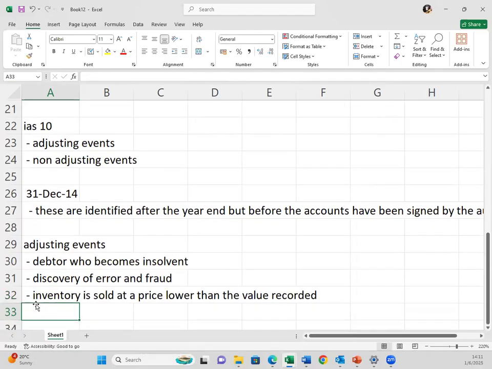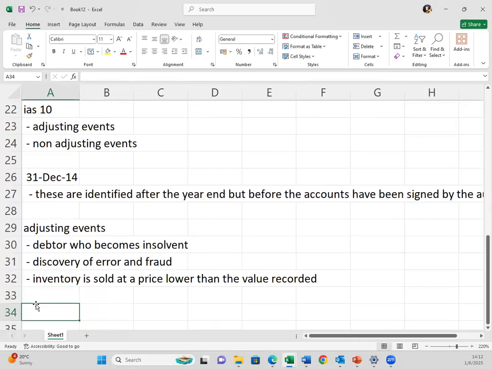So we say inventory was supposed to be valued at the lower of cost and net realizable value. So if we sell inventory at $20, but in the books last year we had recorded this inventory at $30, it means you had overstated, because the standard says that you're supposed to value at the lower of cost and what we can recover, which is the net realizable value. So it means you had valued at a price which is above. So these are some of the conditions that can call for an adjustment in the financial statements.